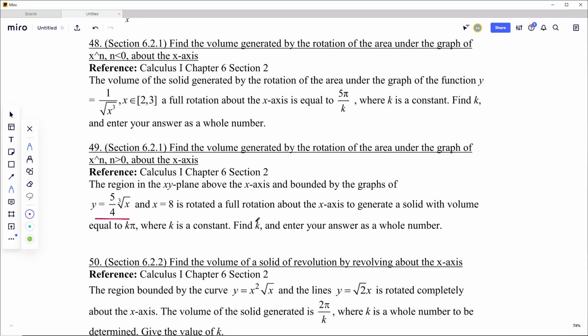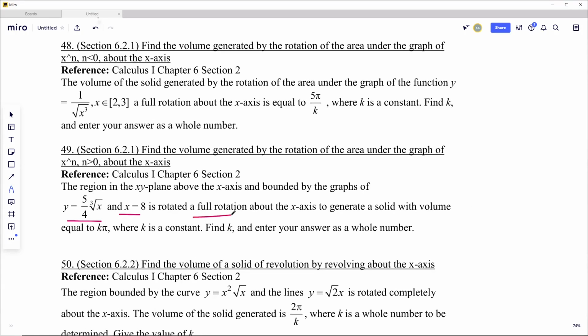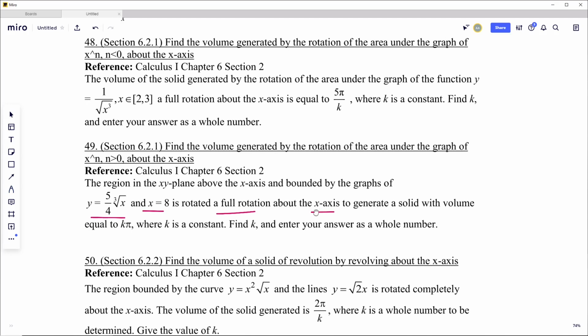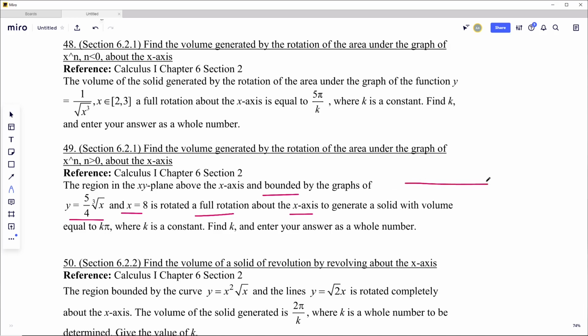Again, a similar problem. We're given a y and we're given x, and it's rotated in a full rotation about the x-axis. Bounded. So if you want an idea of how the graph looks, because it will help you define what to do here. So x equals 8 is nothing but a vertical line.